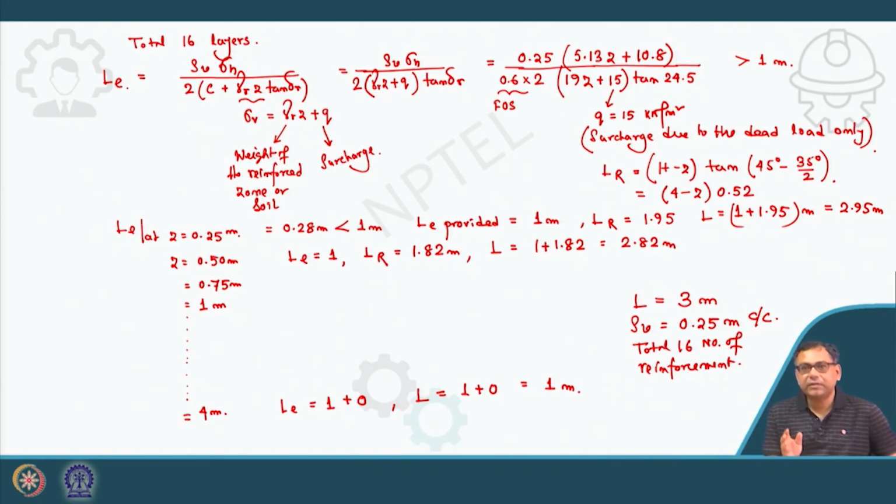So, to be on the safe side, I should not consider that live load surcharge here. Here the required LE is 0.28 meter, so even with 60% of T_L, we have taken the minimum required LE, that is 1 meter. Now let us check the external stability of the system.